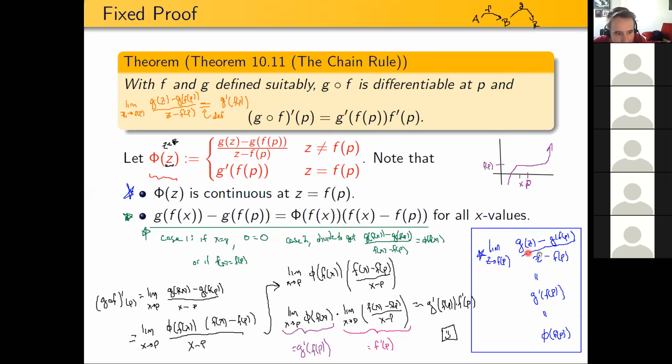I'm still thinking that in every piece here, the z values are all elements of B, depending on whether I'm plugging them into g or further down the line into phi. So I think it's okay.